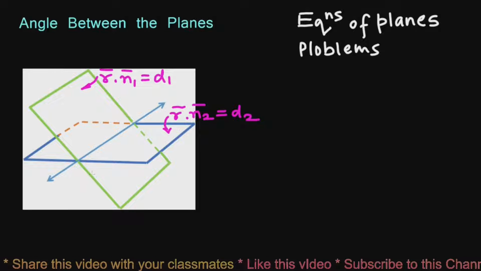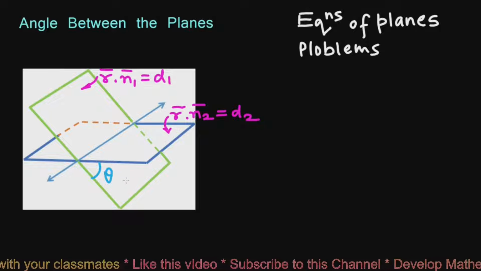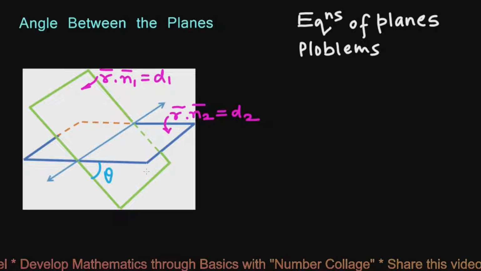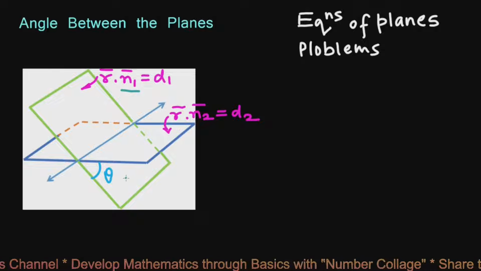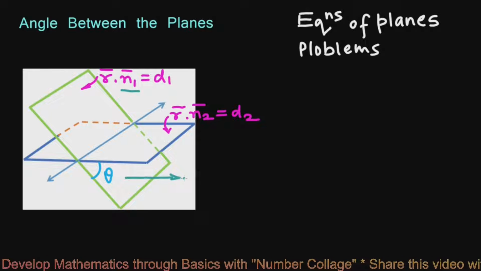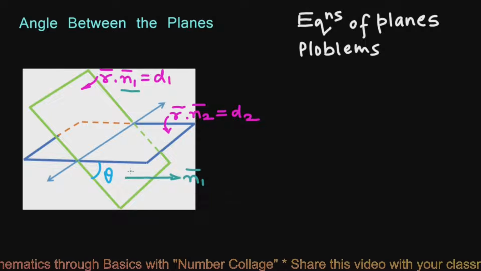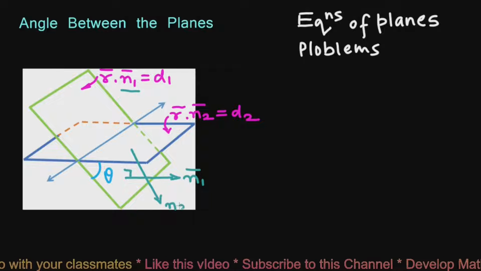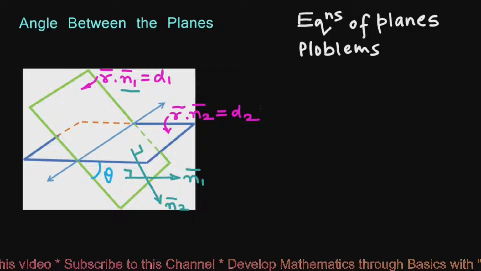The acute angle theta between these two planes is the same as the angle between their normals, n1 bar perpendicular to this plane and n2 bar perpendicular to the second plane.